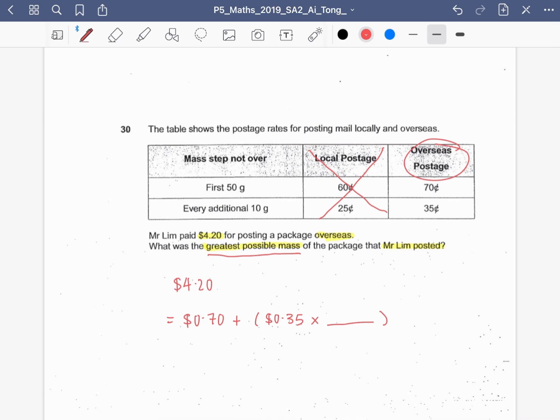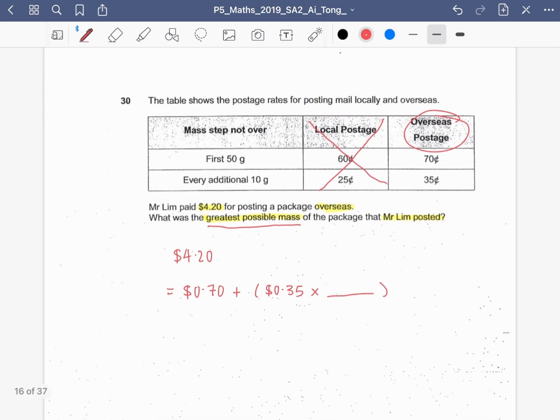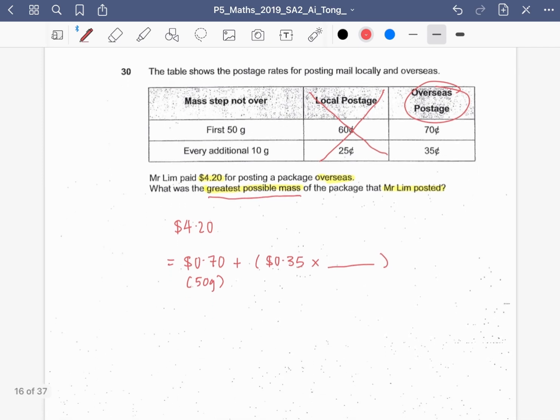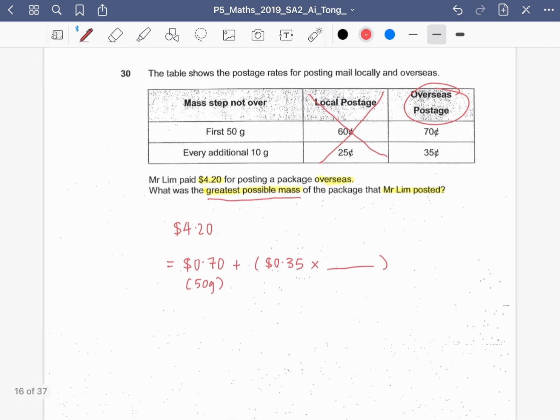Okay, understand that? We don't know how much extra is that. So, we can easily find how much extra is that. This is the first 50 grams, right? So we know that this is 50 grams. Okay, we just need to know how many more times of 10 grams according to the price.